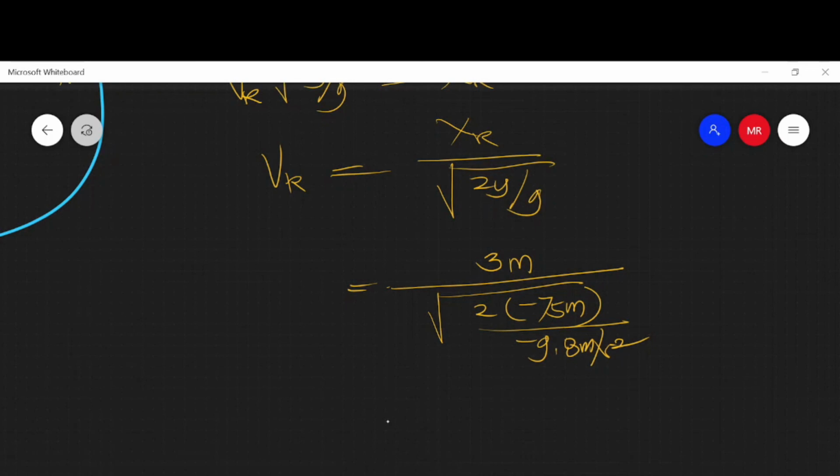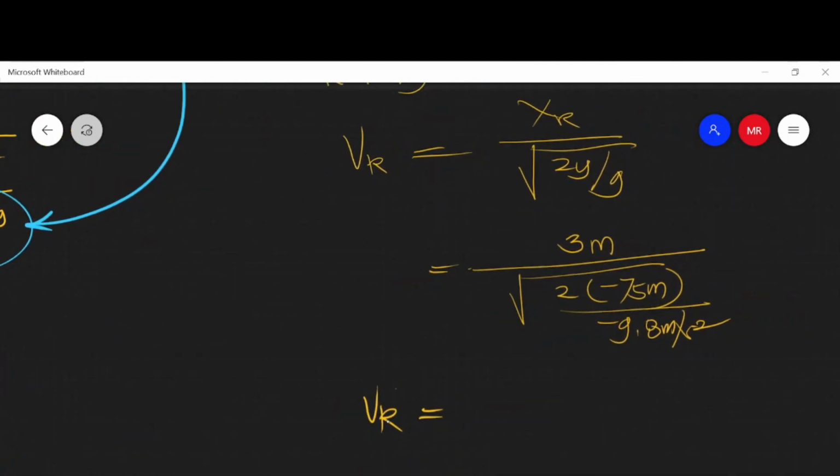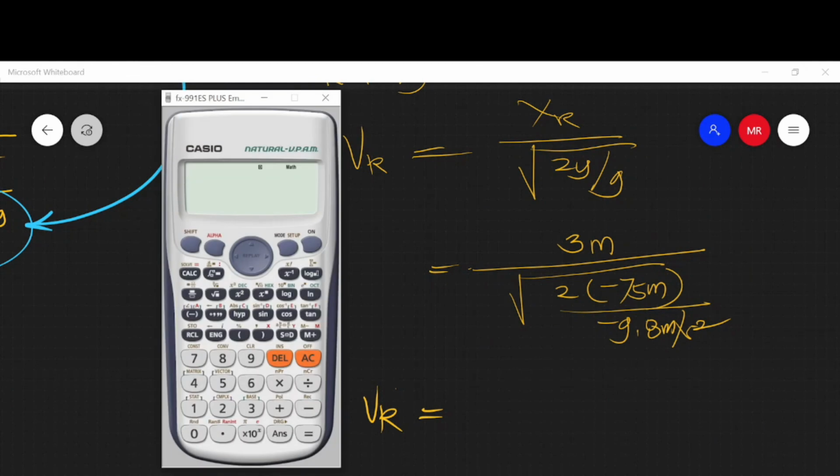So let's now find the value for VR. Let us input all the values in our calculator: 3 meters over the square root of 2 times negative 75 over negative 9.8.